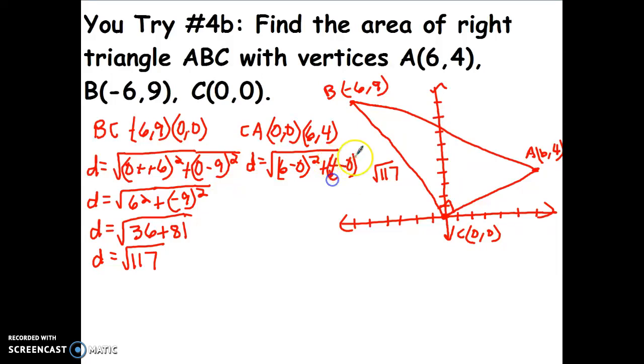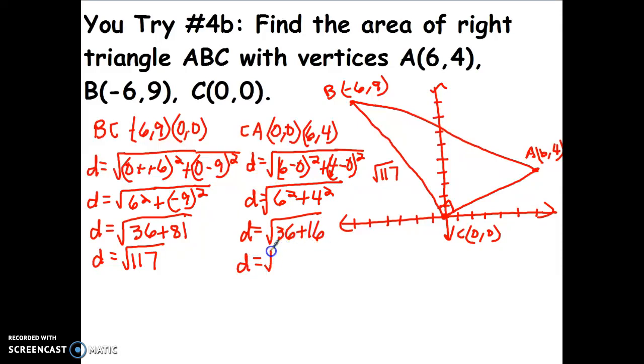Four minus 0. So D equals square root of 6 squared plus 4 squared. 36 plus 16. Square root of 52. Okay, so now we can calculate our area by substituting our values in.